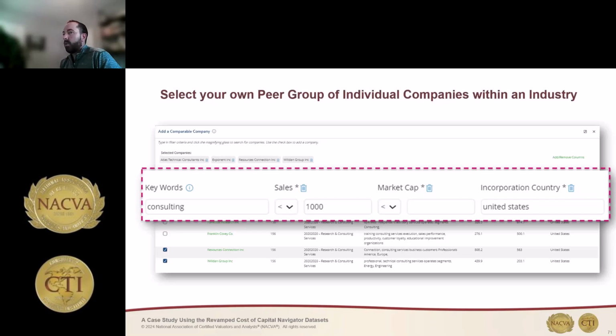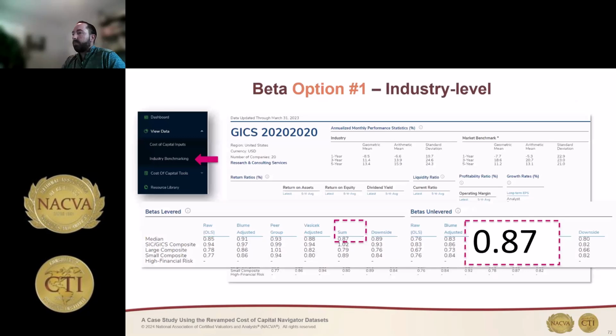So again, from a case study standpoint, we knew our subject company was consulting, we knew the sales, and we knew we were operating in the United States. So that was a straightforward way to filter down the results and select a few companies to build up our own industry.